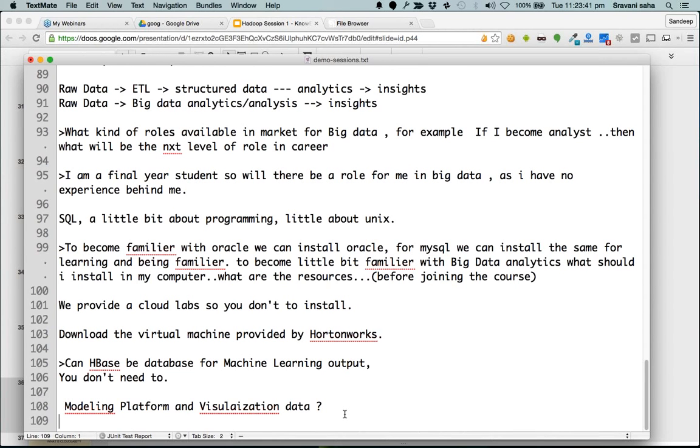Okay, because if you try to visualize a big data containing 10 billion points, it wouldn't make much sense to the human eye. Therefore, it makes sense to convert big data to small data and then visualize the small data. Okay, so for visualization modeling as well, you can very well use either HBase or HDFS.